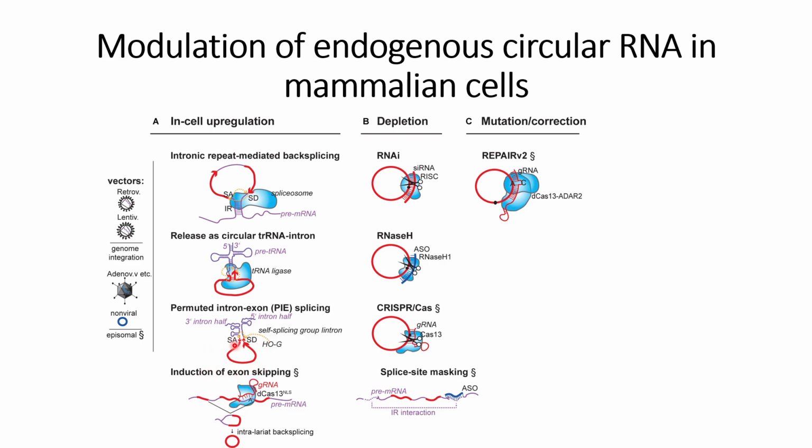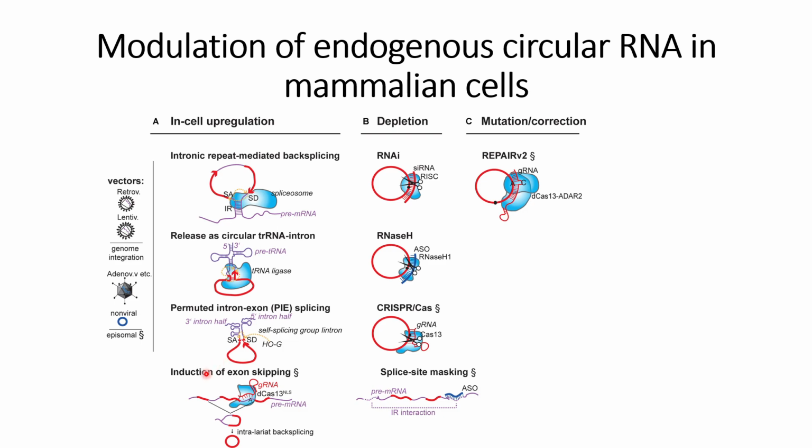It depends on the permutation and combination of which intron is spliced and which intron is not able to splice in a particular transcribed RNA.